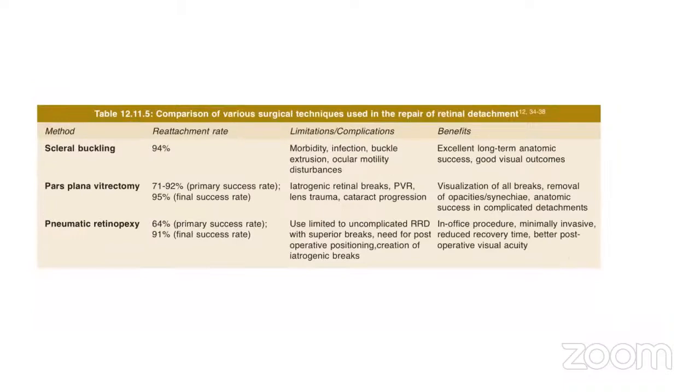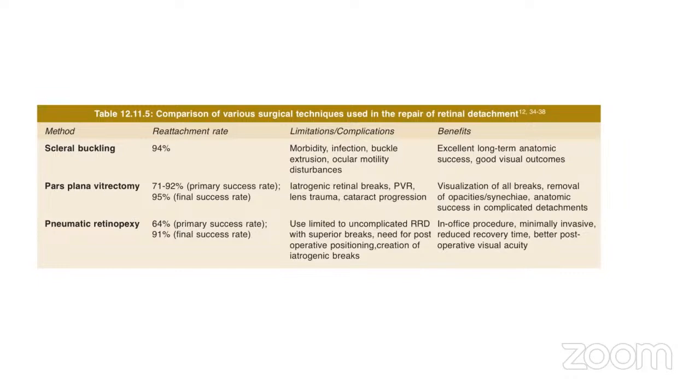So now comparison of various surgical techniques used in repair of retinal detachment. So scleral buckling, the reattachment rate is 94%. The complications are infection, buckle extrusion, ocular motility disturbances, and there might also be diplopia. And benefits are excellent long-term anatomical success and good visual outcomes.